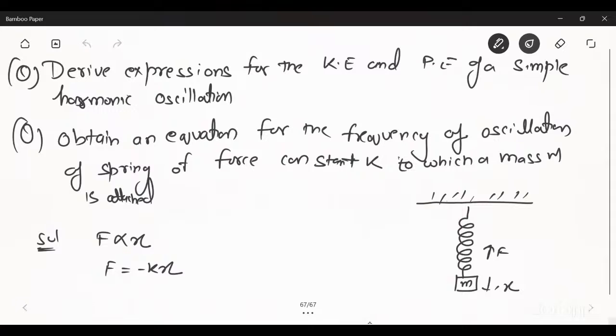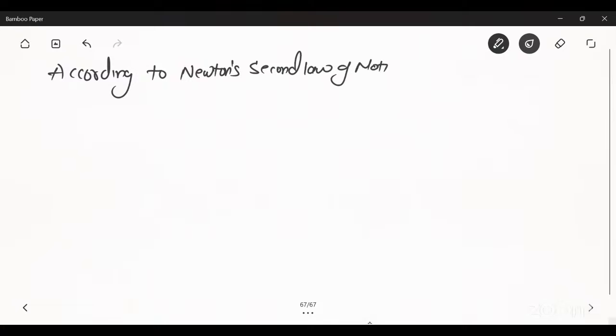And we know that, according to Newton's second law of motion, F is equal to ma. That was equation second, and that was equation first.